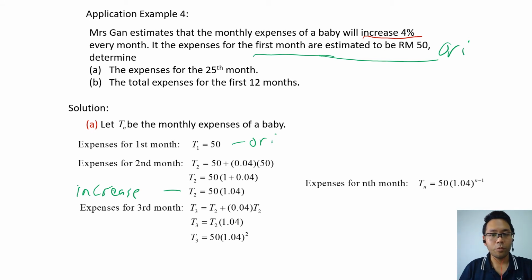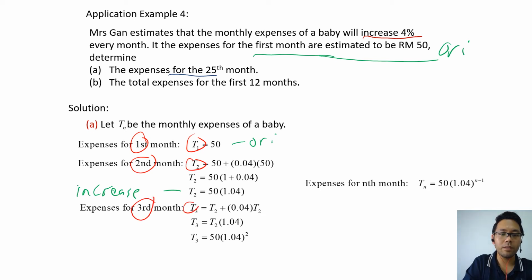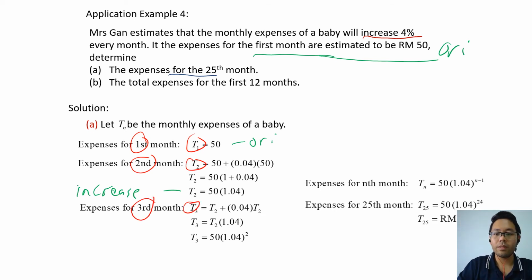And for the expenses for the 25th month, you can double check. First month is T1, second month is T2, third month is T3. So the 25th month is simply T25, and plug the numbers into the equation. You will solve it. Sorry, my face is blocking. So it's 128.17. Okay, so that's how you solve it.